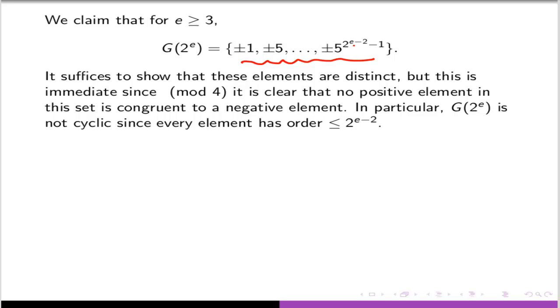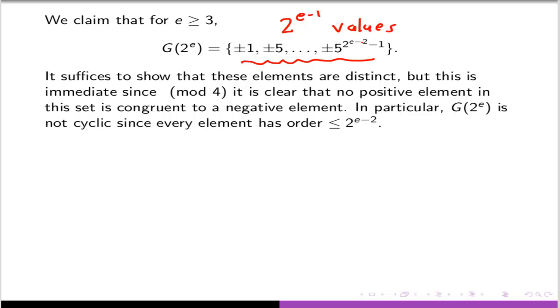So I have listed 2 to the e minus 1 different values here, and that's the group order. So it suffices to show that the values I've listed in the parentheses really are distinct values mod 2 to the e. We know that the different powers of 5 are distinct because the order of 5 is 2 to the e minus 2.